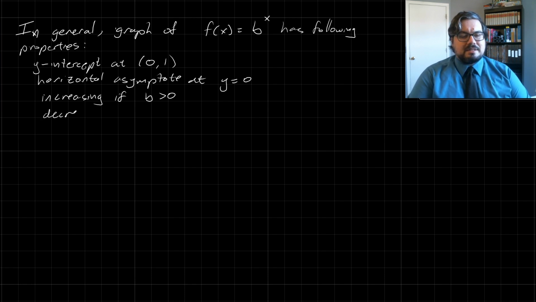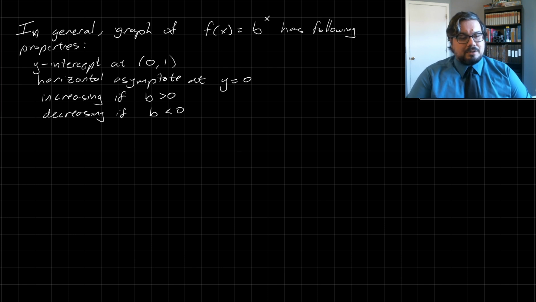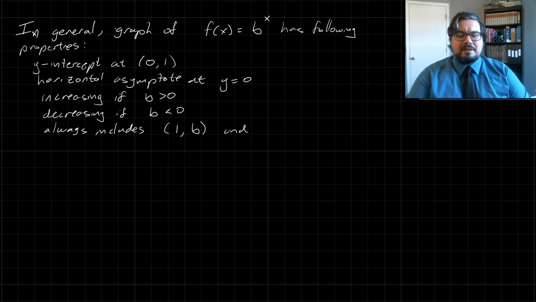It's decreasing if b is less than 1. And importantly, we can always identify two other points that lie on the graph of f other than the intercept, which help us to graph things out. So the graph always includes the points 1, b and -1, 1 over b.